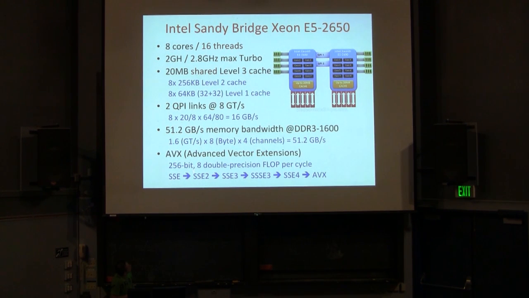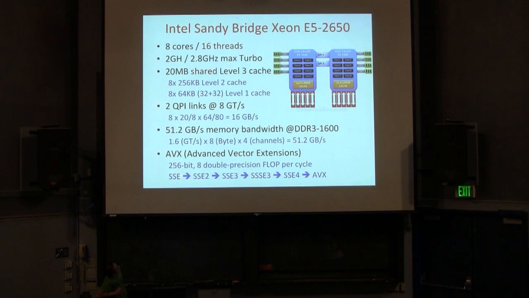It means it can actually do 8 double precision flops per cycle. You might be a little puzzled here, because a double precision number is actually 64 bits, right? So 256 divided by 64 would be 4.